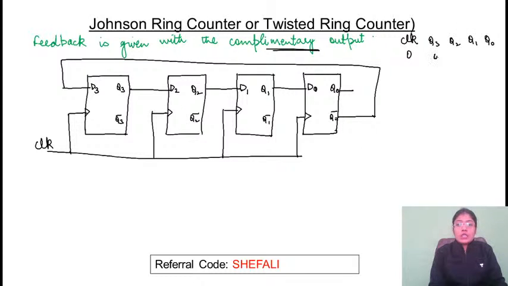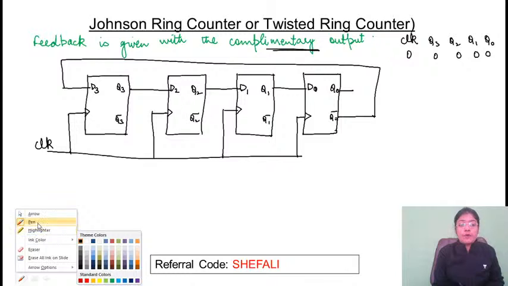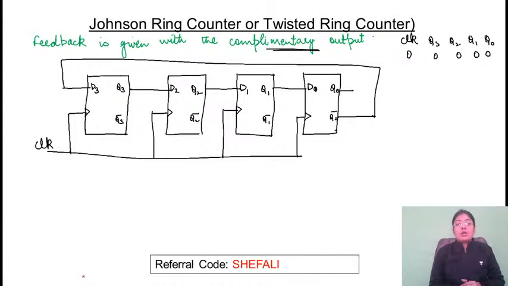So if the initial output is 0, do we need to consider a default value? No. The reason is, if this is 0, Q0's complement is Q0 complement. So if Q0 is 0, what will be Q0 complement? It will be 1.